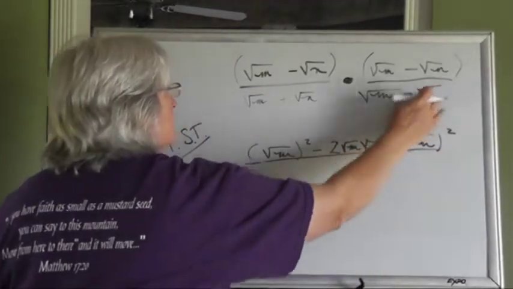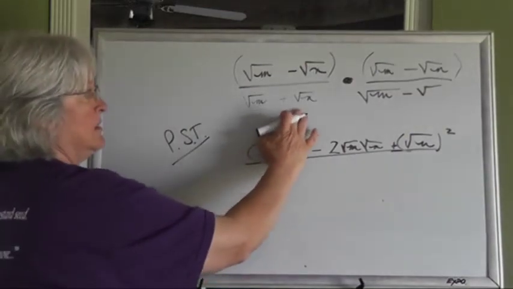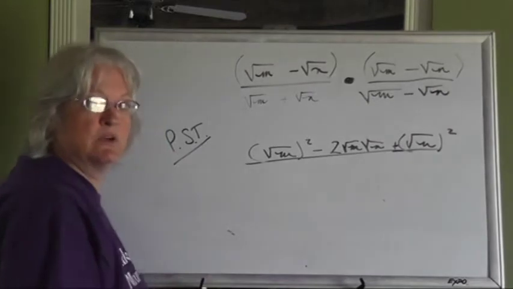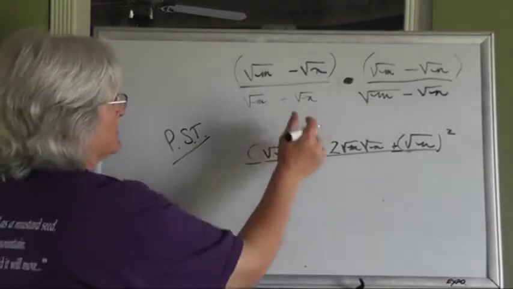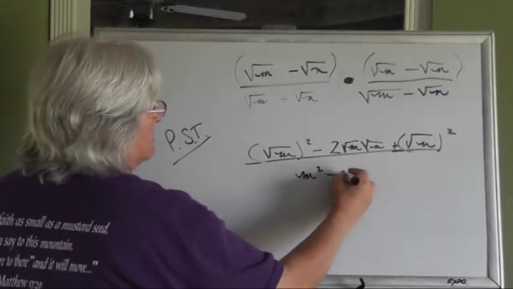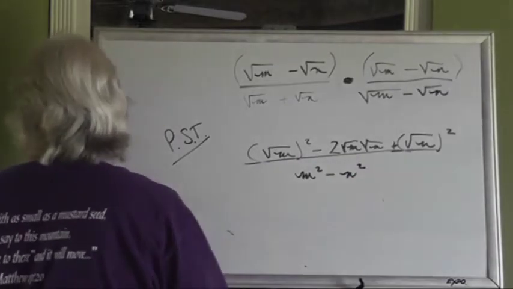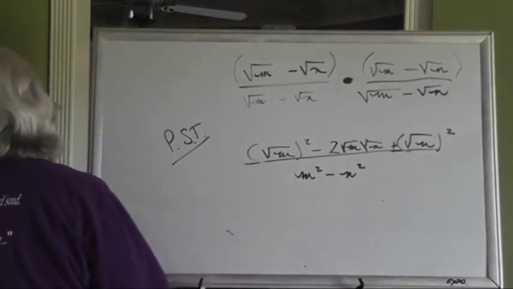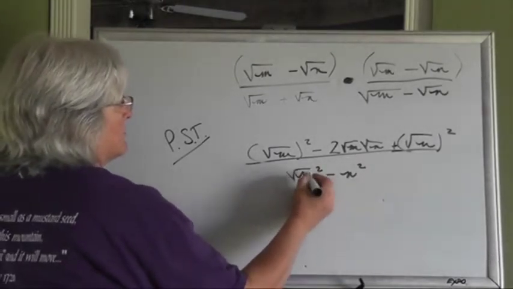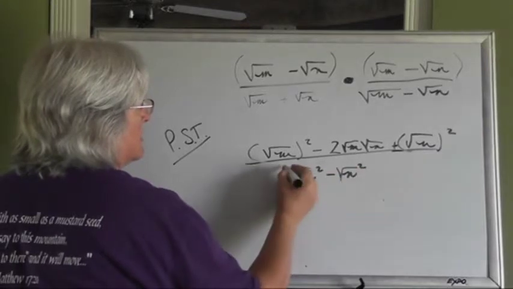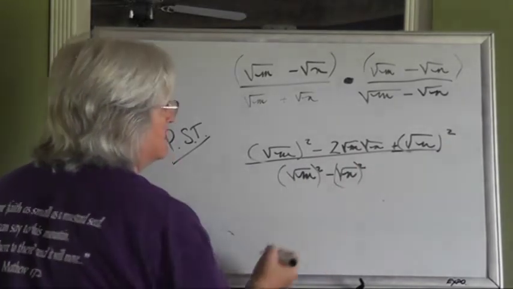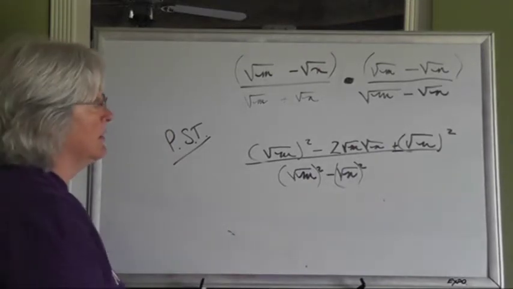divided by, we have square root of m plus square root of n times the square root of m minus the square root of n. So you have the difference of two squares. So you have the first term squared minus the second term squared.